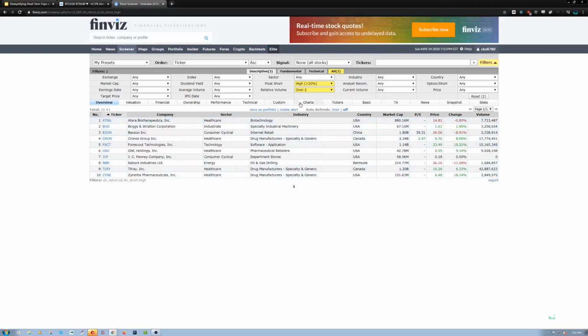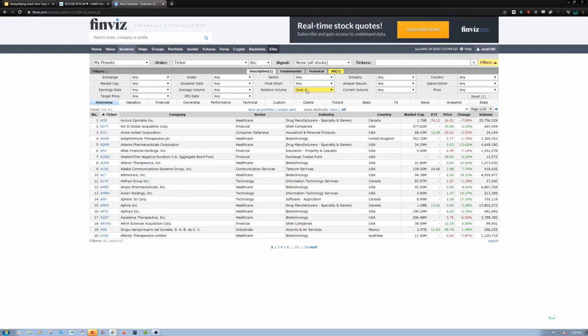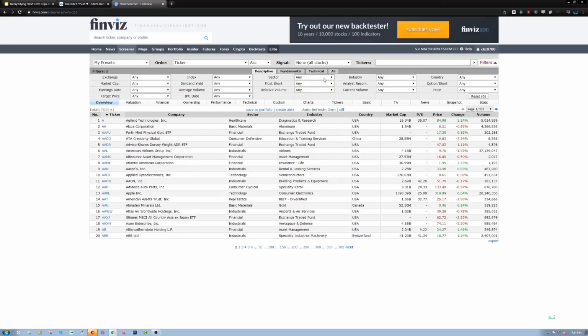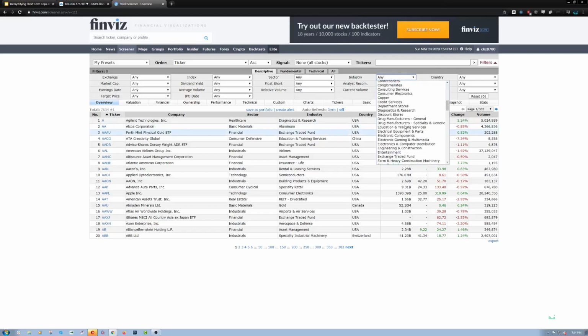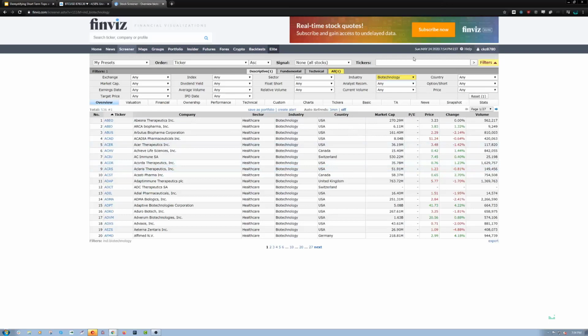So float short, relative volume. Current volume I don't really care that much about. The sector or the industry can be good screens, particularly biotechnology. There's 536 items in here. So one of the things I would do to knock this down is, I don't really care about stocks that don't trade that much volume.